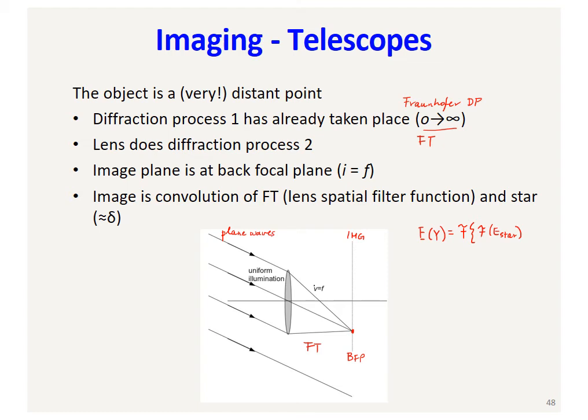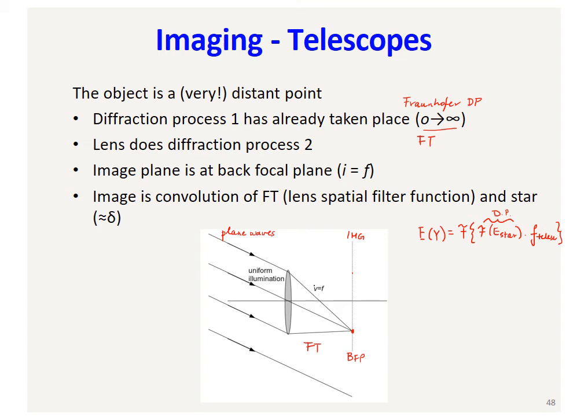Unfortunately, we have to take into account the fact that we have a spatial filter function from the telescope. Well, then that modifies the diffraction pattern that we're Fourier transforming to collect the electric field in the image plane.